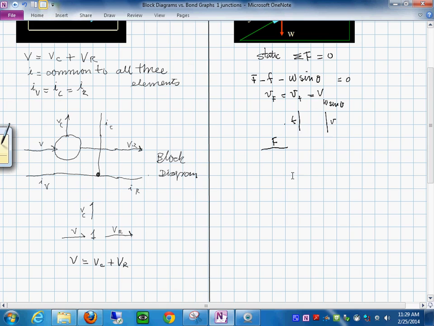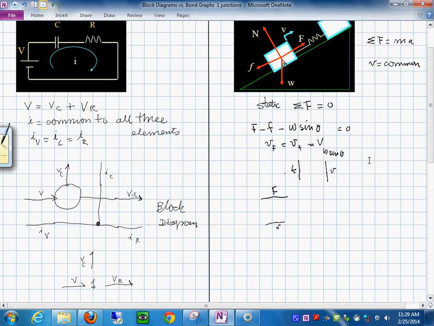On this other side also the velocity, and on the other equation, this would be W sine of theta, but the velocity is common to all three.